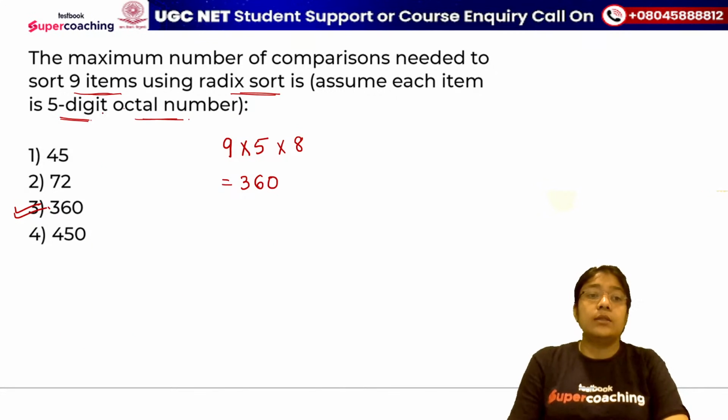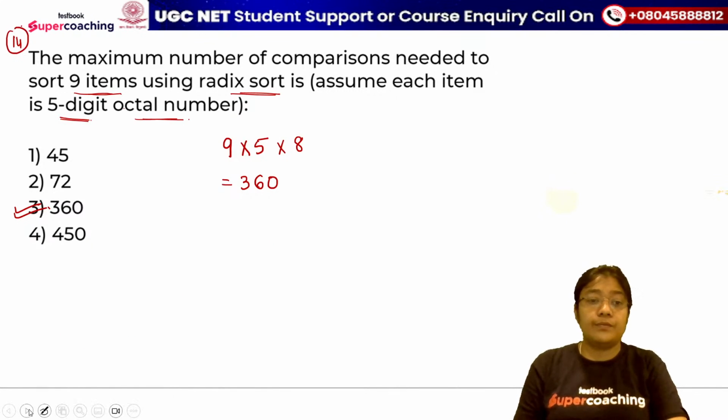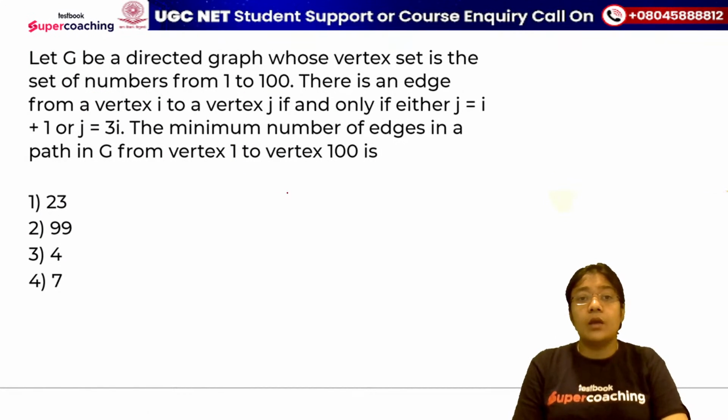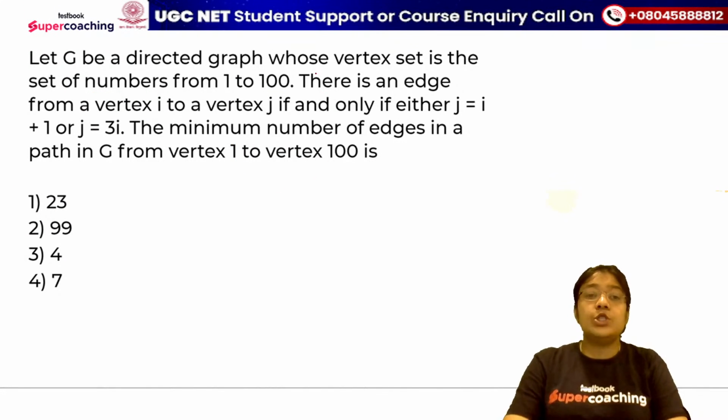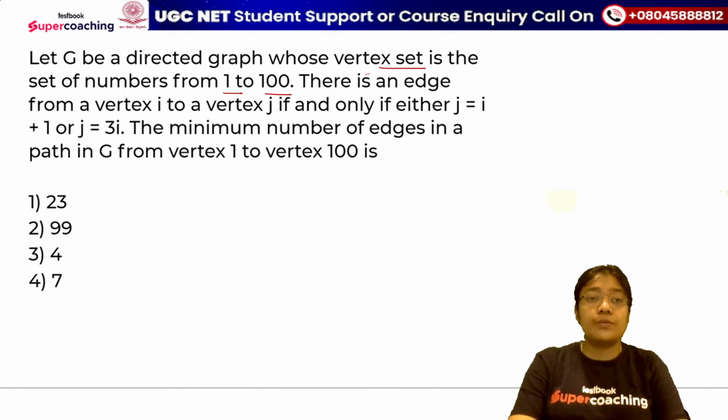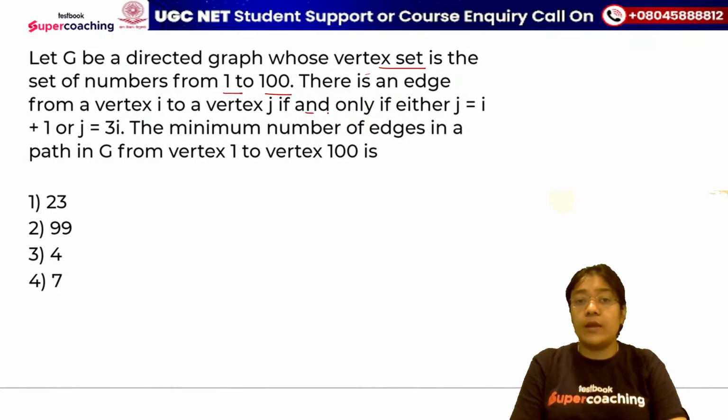All right. This is question number, let's say 14. Next one. Let G be a directed graph whose vertex set is the set of the numbers from 1 to 100. There is an edge from a vertex I to a vertex J if and only if J is equal to I plus 1. तो edge कब exist करेगी?